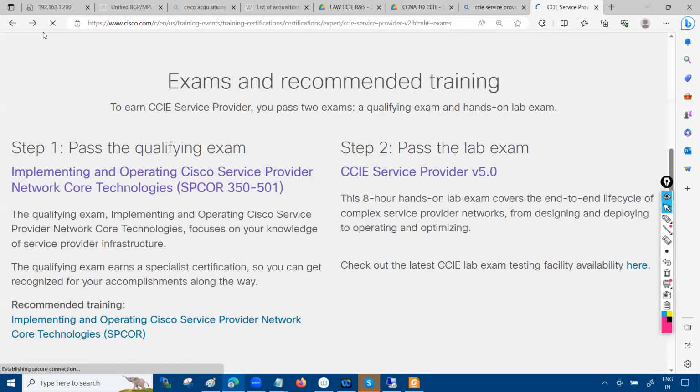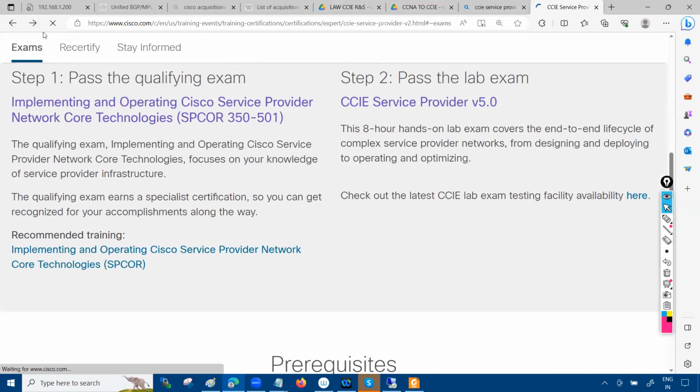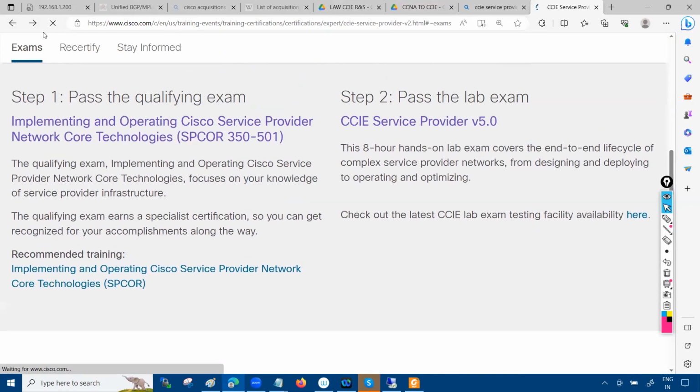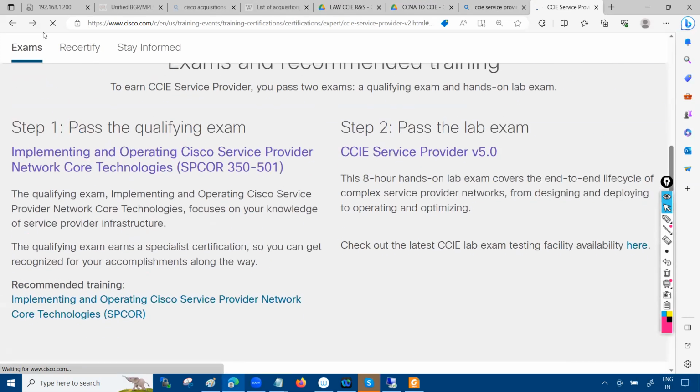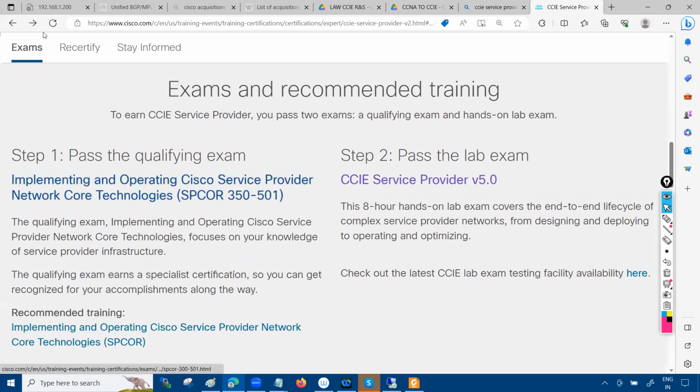I think it's only one CCNP exam, not 2 exams, man. There's only one exam, the SP core. ENCOR is for enterprise. For service provider, there is only one exam. And then after that, you can go with the lab.